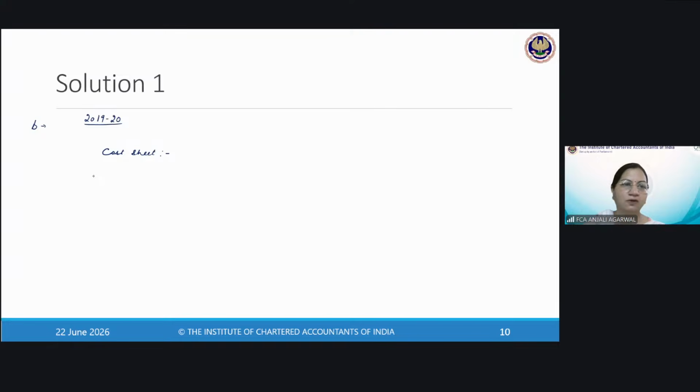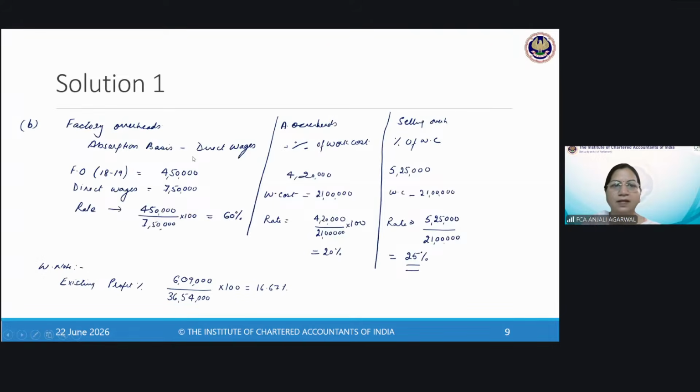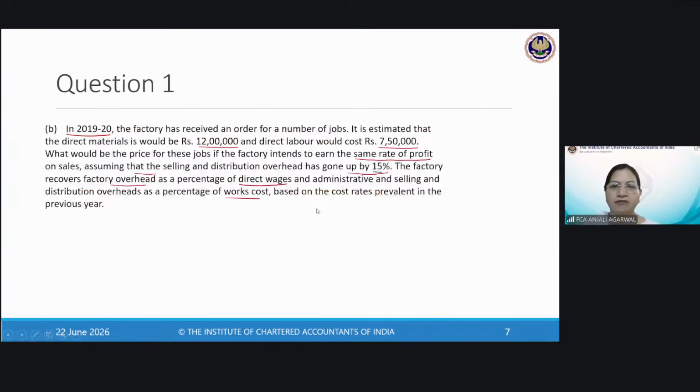So when you prepare the cost sheet, this time our direct material is 12 lakhs. Right? And direct labor is 7,50,000.